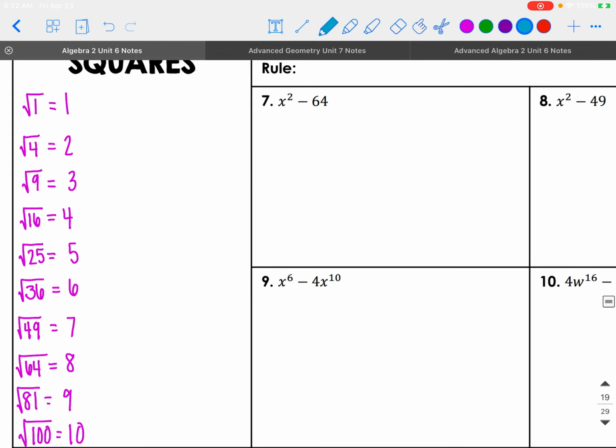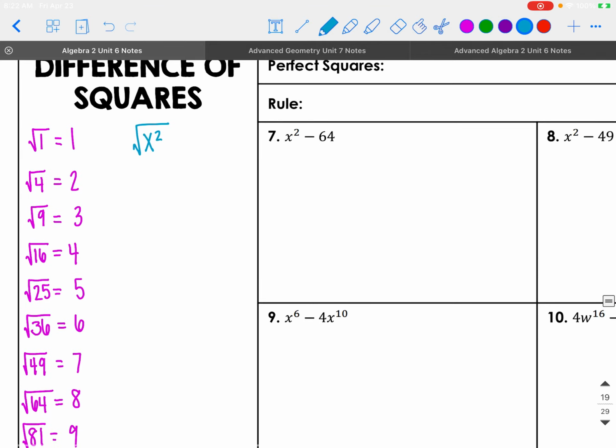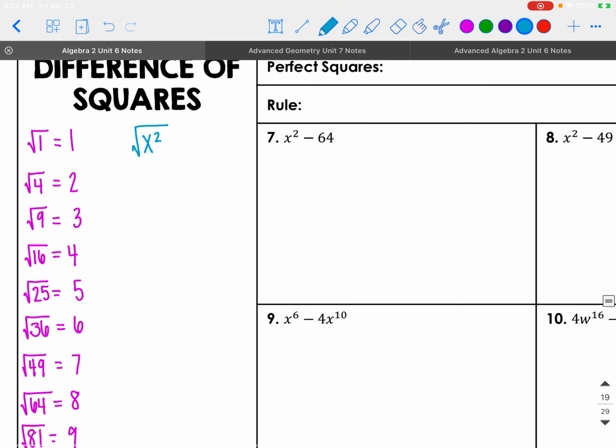But here's something new. We can take the square root of variables as long as the exponent is divisible by 2. You divide the exponent by 2.